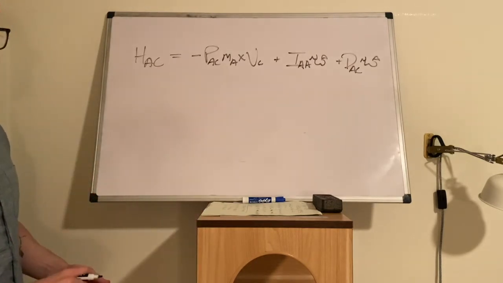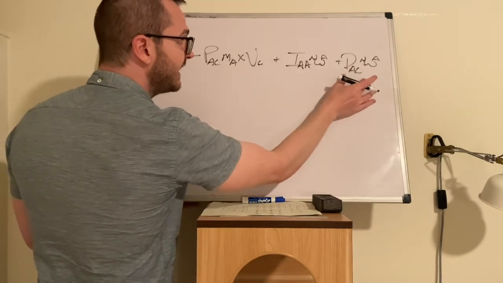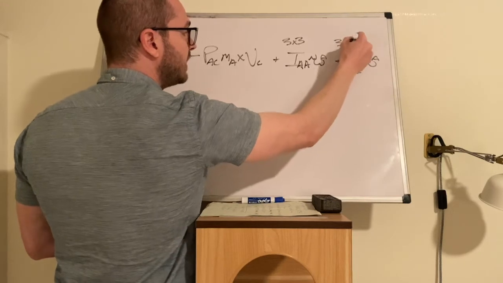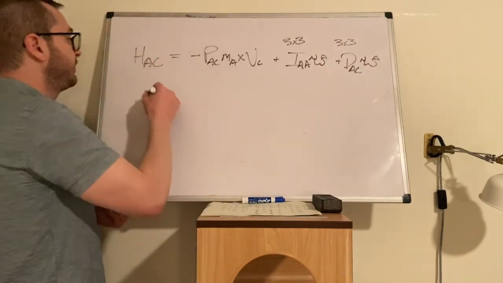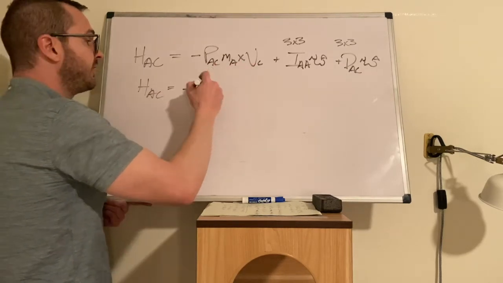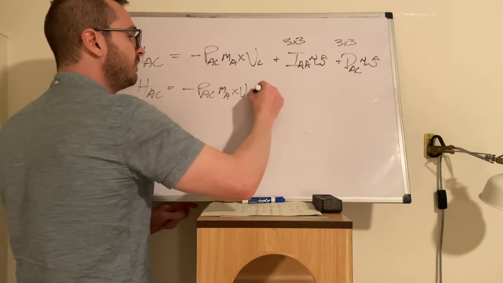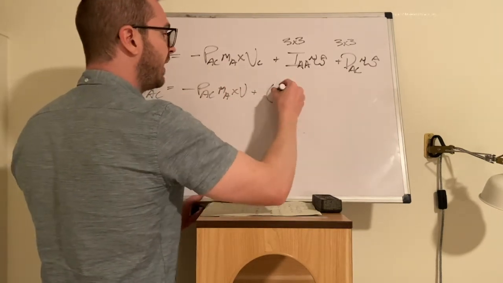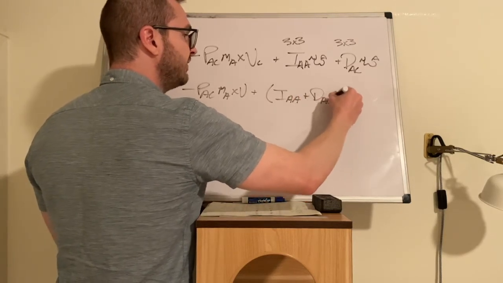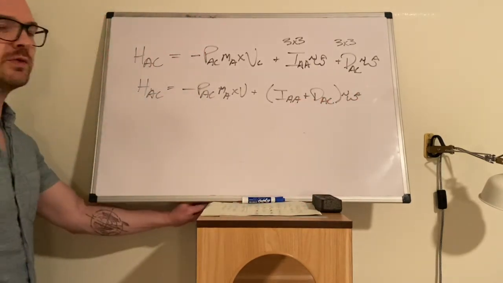We can actually do a little simplification here. Consider that IAA and DAC are both 3x3s, and this is the same omega NA. So I'm going to say that HAC is equal to, do not forget this term, minus PAC MA cross VC, plus, we can combine these, IAA plus DAC multiplied by omega NA, and in fact we can even rename that.